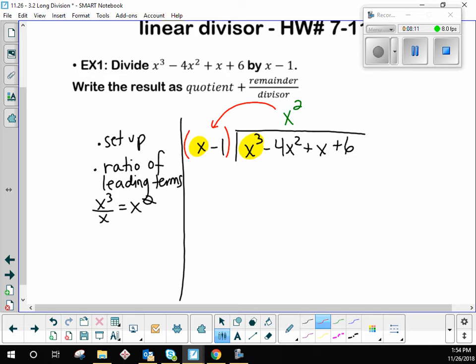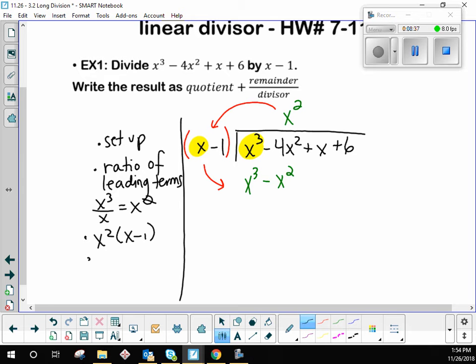So it's like a mini distributive property in the middle of your problem. And then you're going to write that down here. So I've got x squared times x, which is x cubed. X squared times -1, which is negative x squared. So I did x squared times x minus 1.